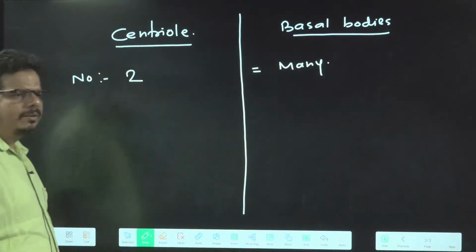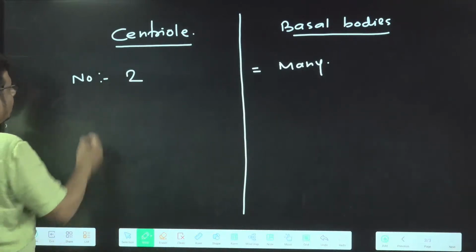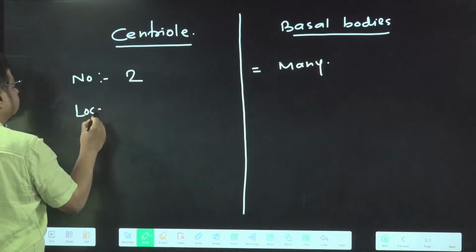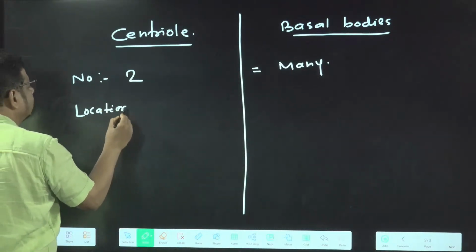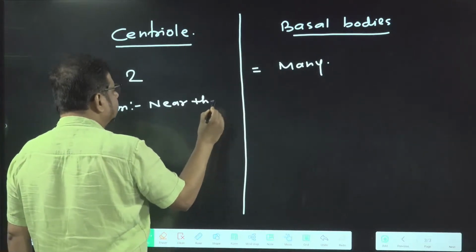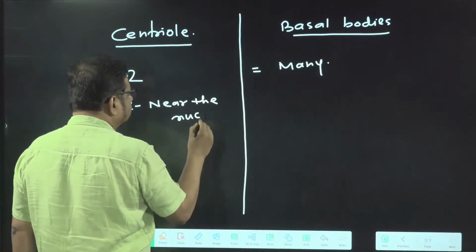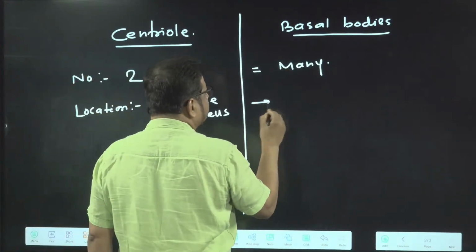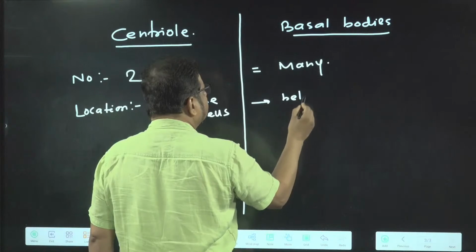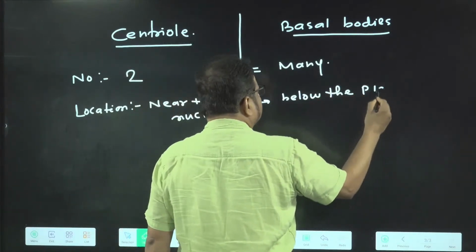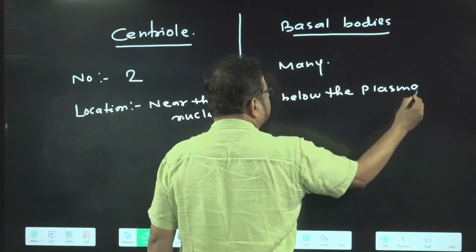Centriole is present near the nucleus. Basal body is below the plasma membrane.